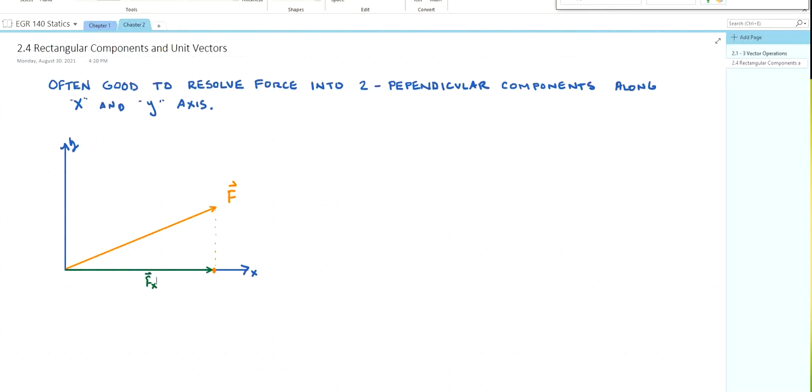I can get a y component that heads up, which is Fy. I can then say that essentially our force F equals the vector summation of Fx plus Fy.